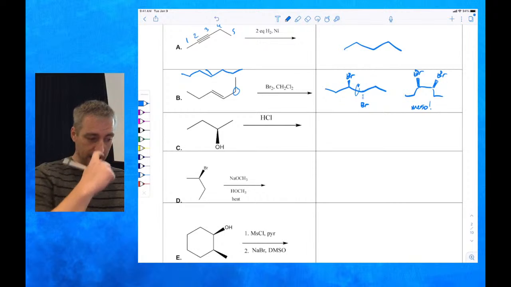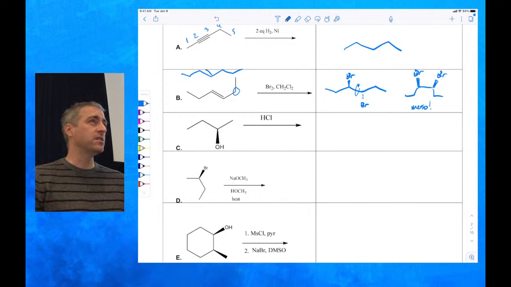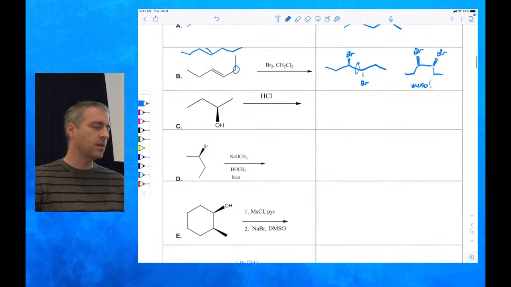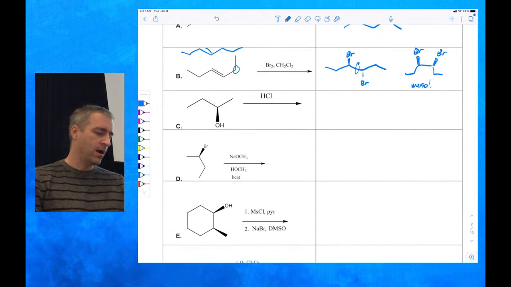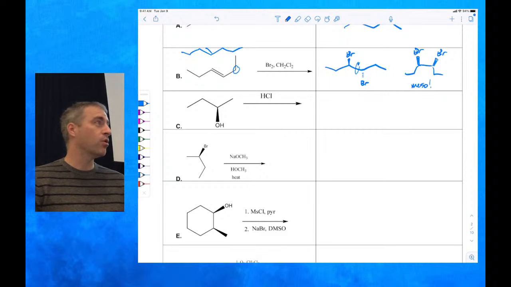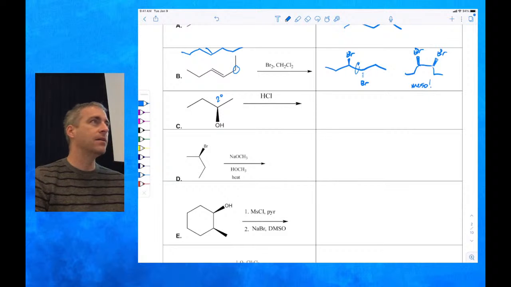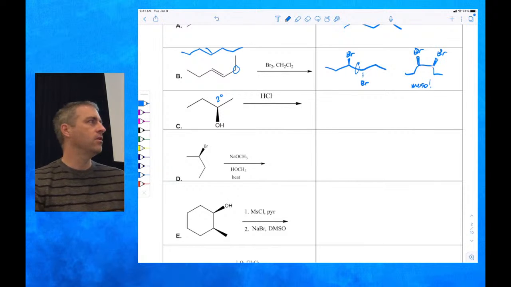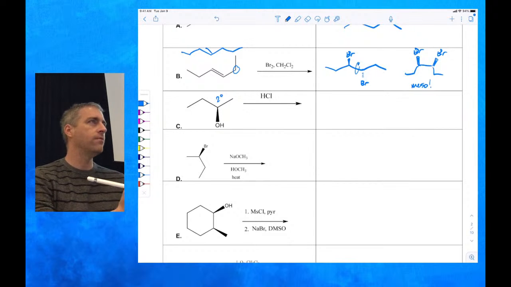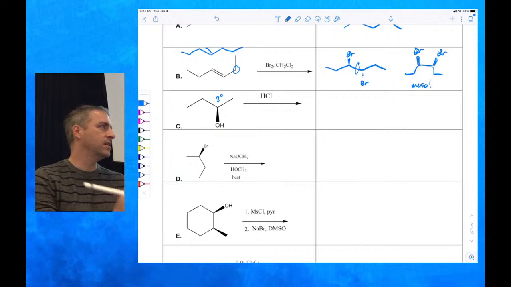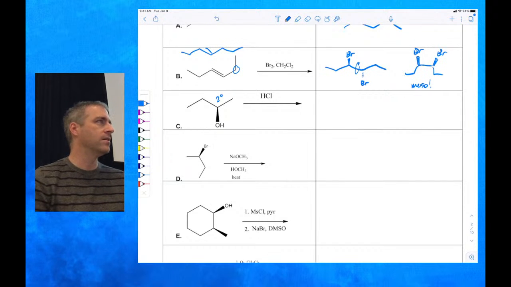The next one, HCl, this is a reaction from Unit 7. So this is addition, or I guess it's a substitution reaction, where what's going to happen here is HCl is going to protonate the alcohol. The alcohol is secondary, and once you protonate the alcohol to make the oxonium ion, you lose a molecule of water to make a carbocation, and then the chloride from the HCl attacks to give you 2-chlorobutane.